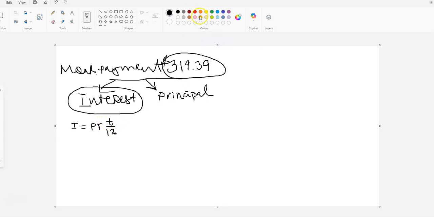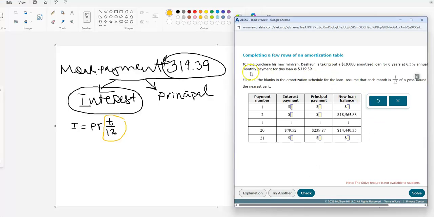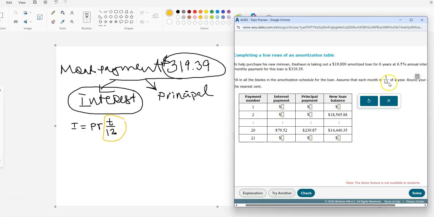That's important to see. So let's look again at the question. The monthly payment for this loan. Since it's a monthly payment, and they also remind you here, assume that each month is 1/12 of a year. That's where it comes from.